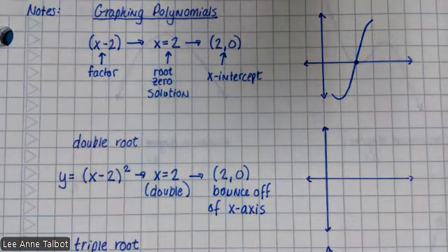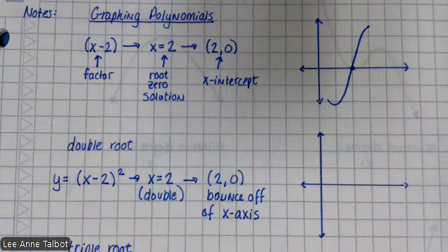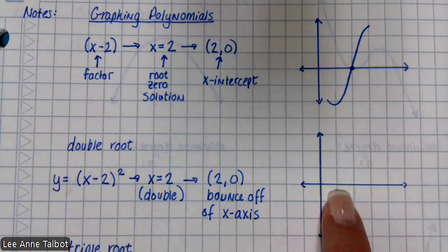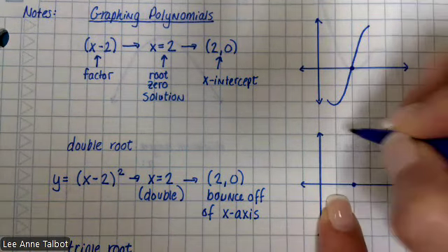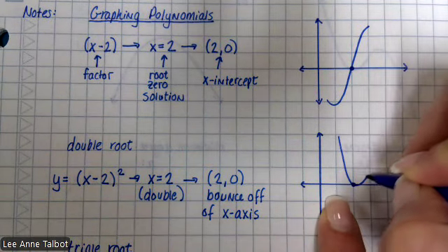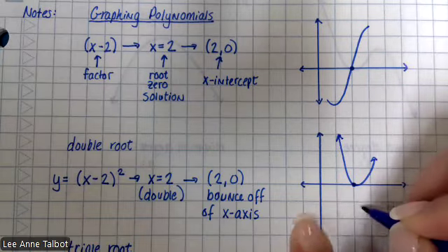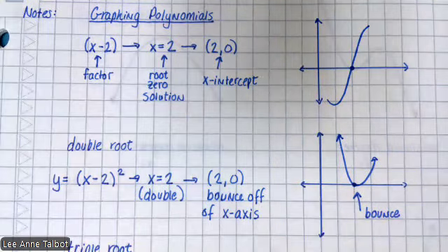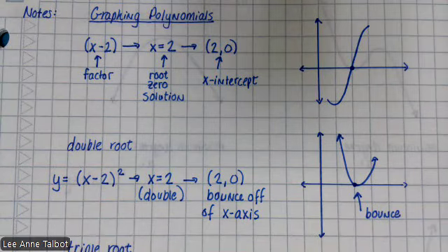And that causes a bounce off of the x-axis. And it can be a bounce from the top or a bounce from the bottom. It doesn't matter. So you can make yours in your picture whatever you want, but just make sure that you have a bounce.